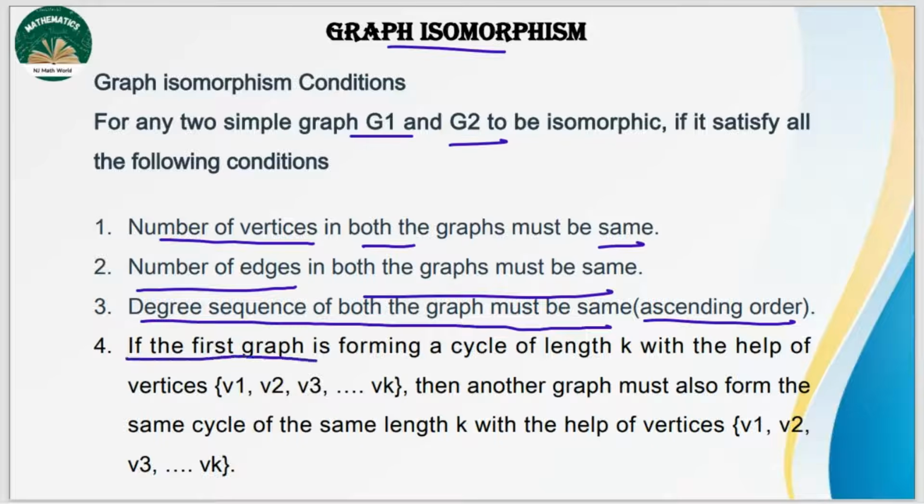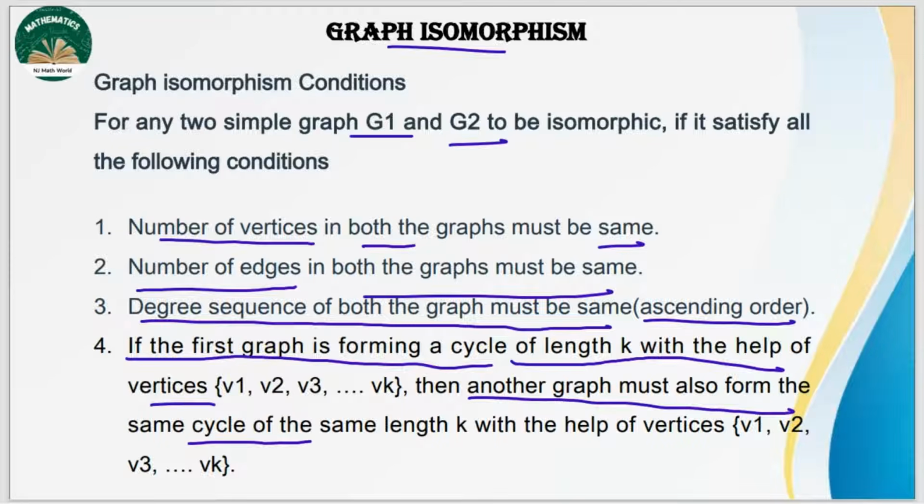Then if the first graph forms a cycle of length k with the help of vertices, the other graph must also form the same cycle of length k. So the length of the cycles in the graph should be the same. You can write: length of the cycle in the graph should be the same.